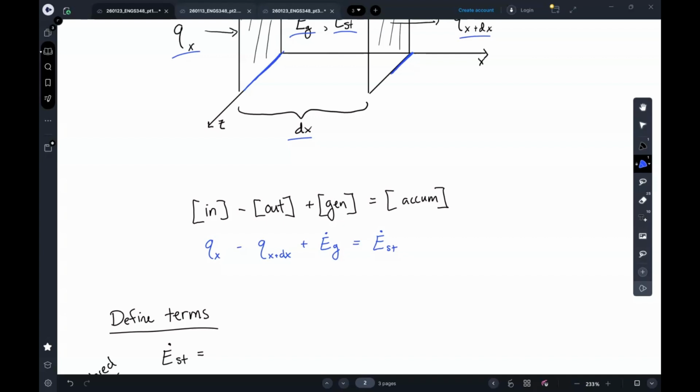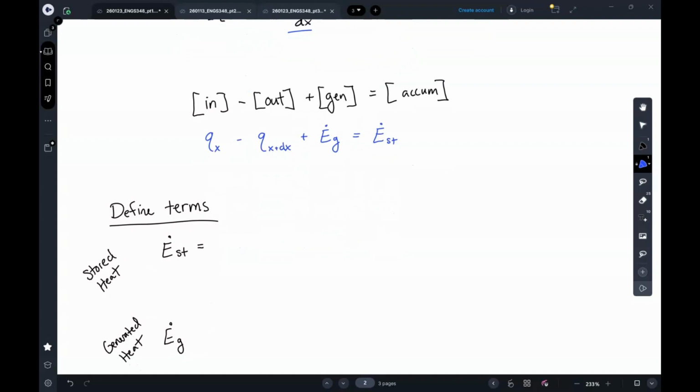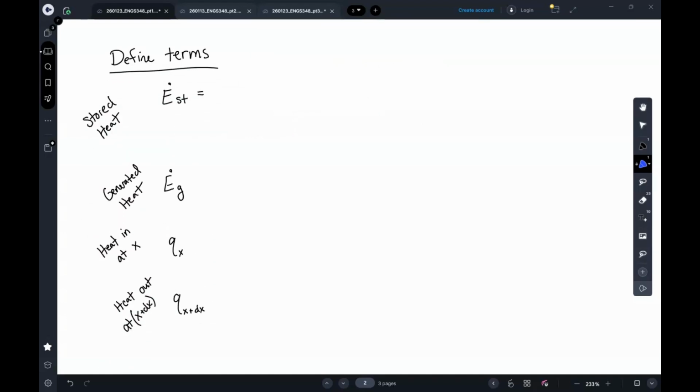Now the challenge is we want to make this into an equation that we can use a little bit easier, so let's define our terms. So we have stored heat, generated heat, heat in at x, and heat out at x plus dx. The heat is stored as a temperature change. So that is the amount of thermal energy. It's internal energy.